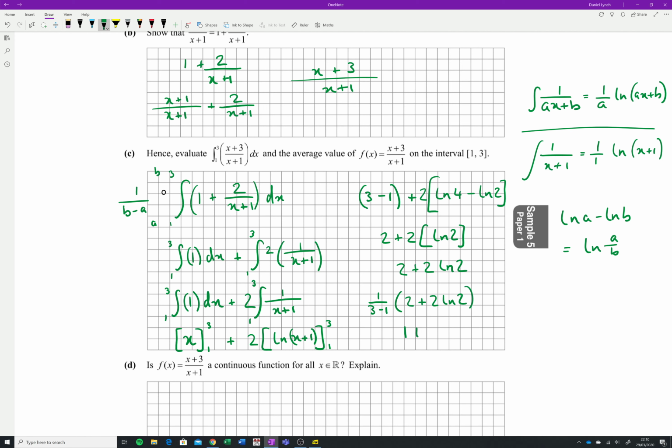So it's just 1 plus ln 2. That is your average value from 1 to 3. This was evaluating our previous answer, and this was our average value. So just make that nice and clear. That's that one, and this one here is our average value.